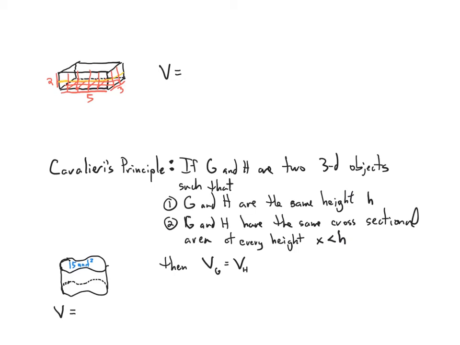So for this example, it's going to be 5 units times 3 units, that's the area of the base, times the height, which is 5 times 3 times 2 is 30, whatever our units are. And it is indeed a volume measurement, a 3-dimensional measurement, so it is cubed.